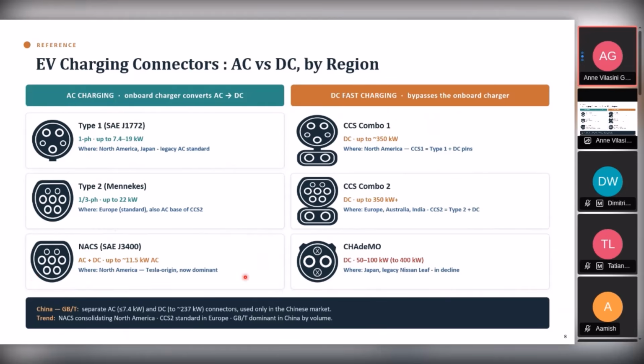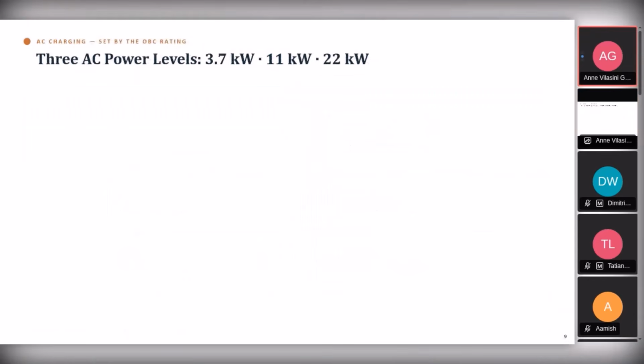So it's something different when compared with the combo connectors, because there you have separate pins for AC and DC. But Tesla's charging connector is much lighter because they use the same pins for both AC and DC. So for today, just remember that the AC goes through our charger, the onboard charger inside the car, so we can skip DC fast charging.